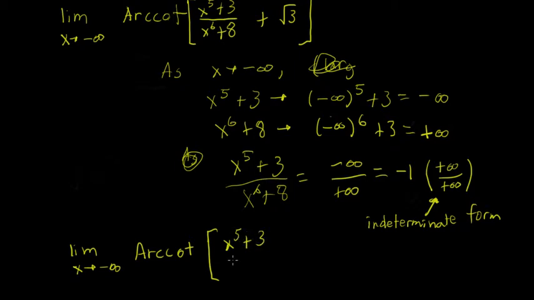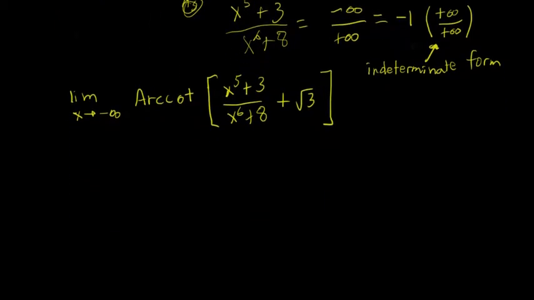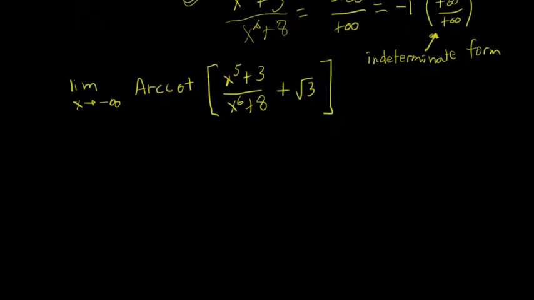I'll explain that to you in a moment, though. Okay, so we said as x tends to negative infinity, this tends to negative 1 times positive infinity over positive infinity, which is an indeterminate form.